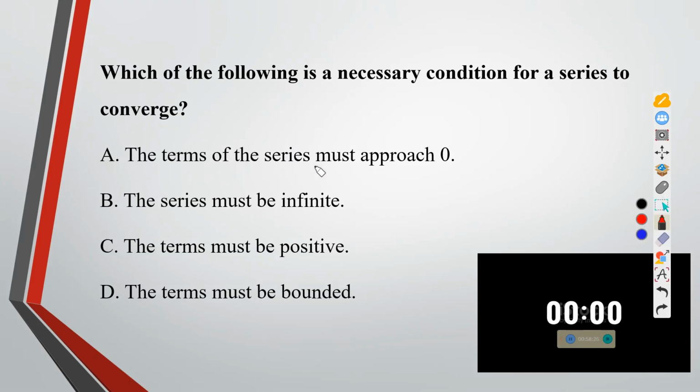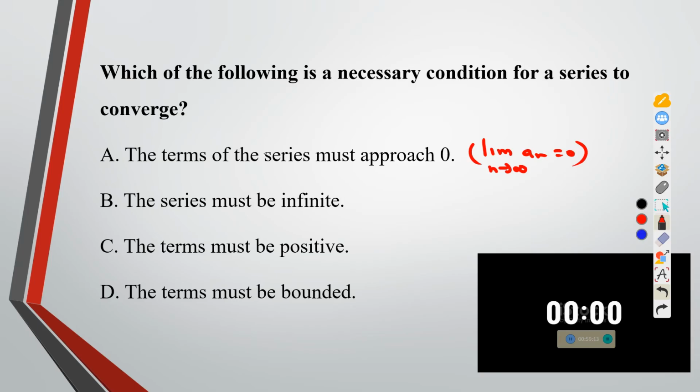The terms of the series must approach 0. A necessary condition is one that must hold if convergence occurs, though it might not be sufficient alone. So the terms approach 0, which is the same as the limit when n tends to infinity of a_n equaling 0. This is true. This is the nth term test.